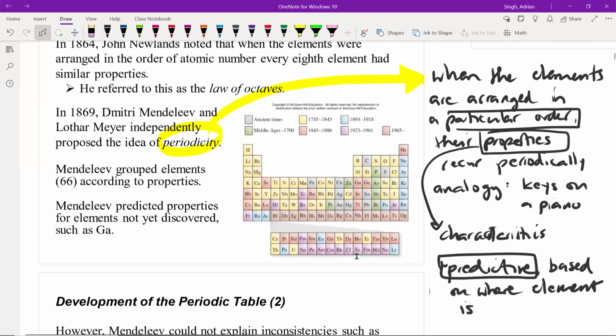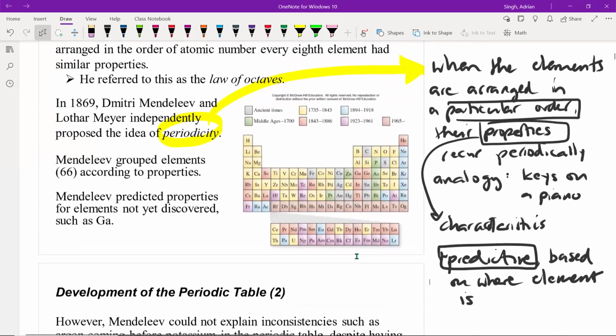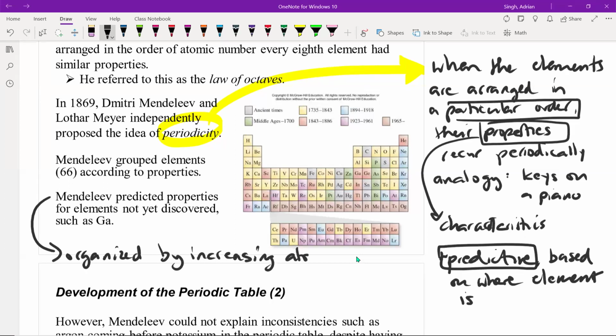So Mendeleev at the time organized the elements by order of increasing atomic mass. We talked about atomic masses in previous sections. Even so, he was able to observe these periodic properties.